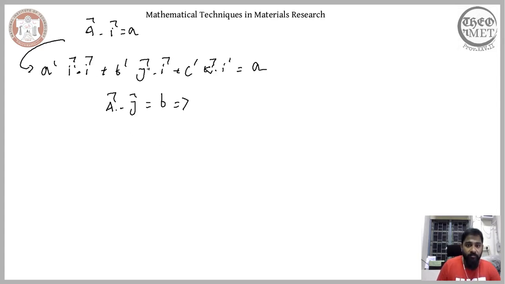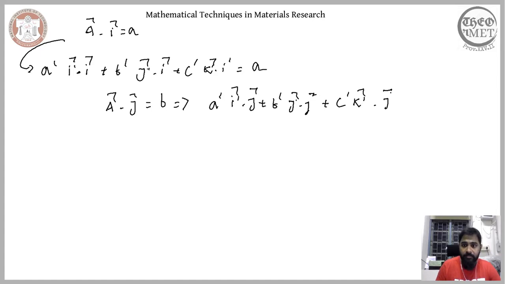I can do the same for the A vector dot J vector, which will give me B, and if I replace my A vector with the B vector because I'm considering such a space, then that would give me a relation wherein A prime I prime vector dot J vector plus B prime J prime vector dot J vector plus C prime K prime vector dot J vector is B.